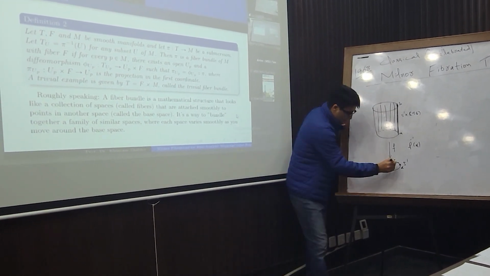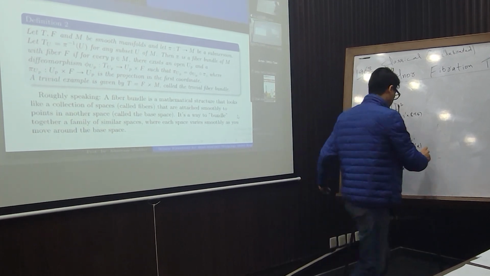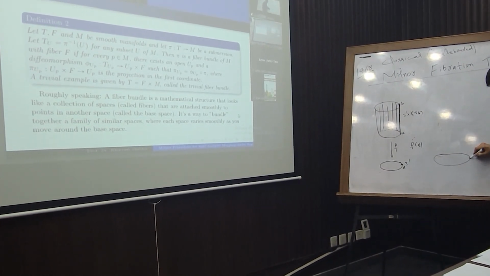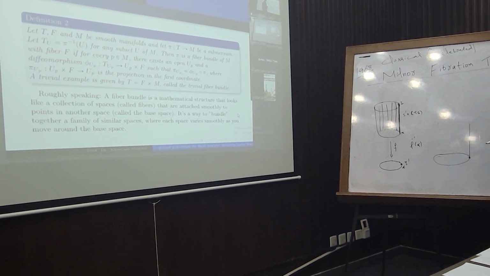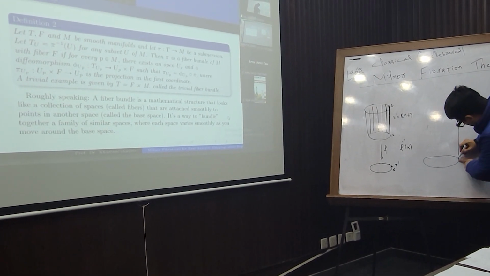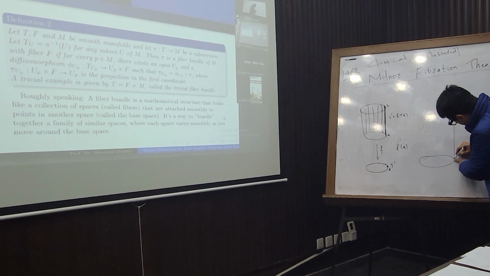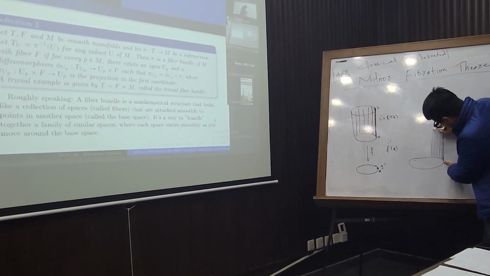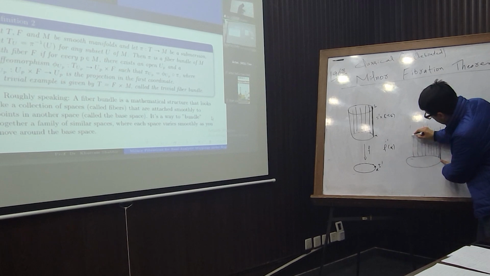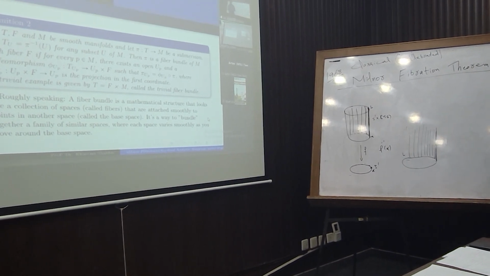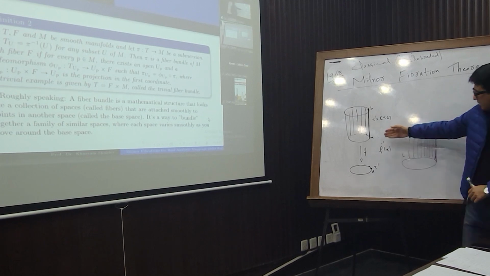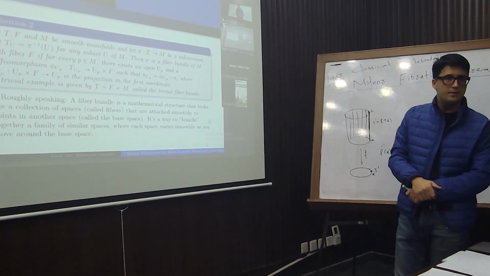For instance, if I attach the fiber here, and if I move on this circle attaching all the fibers, what I will get is this cylinder. So if I can do this, this means this map is a fiber bundle.